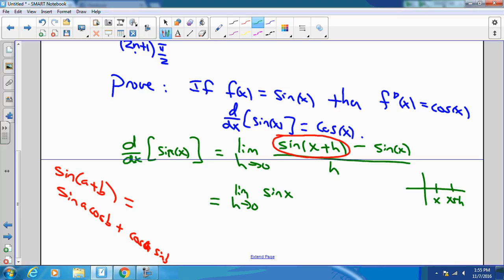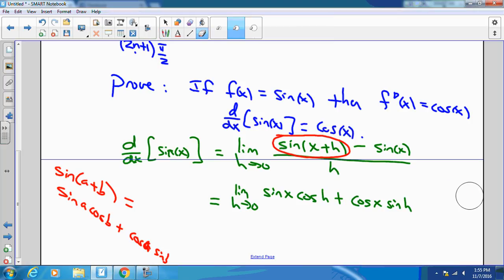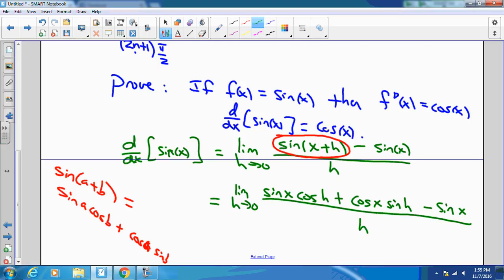So I'm going to write that as the limit as h goes to 0 of sine x cosine h plus cosine x sine h minus sine x, all of that divided by h. Now things got worse here, but they're about to get better.